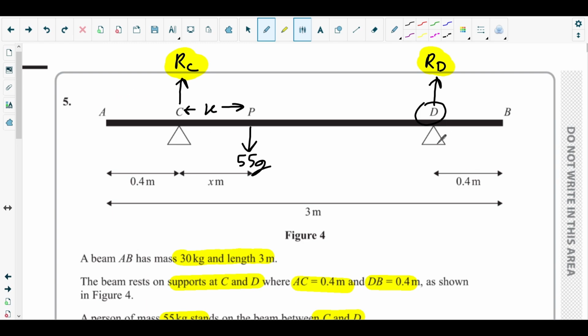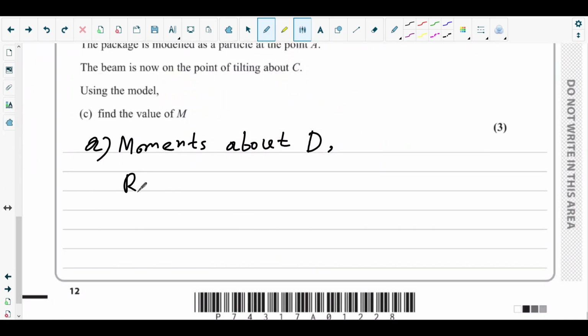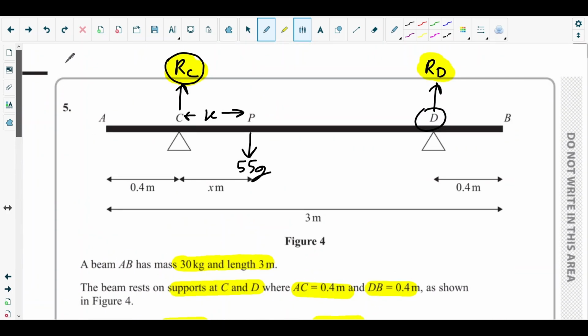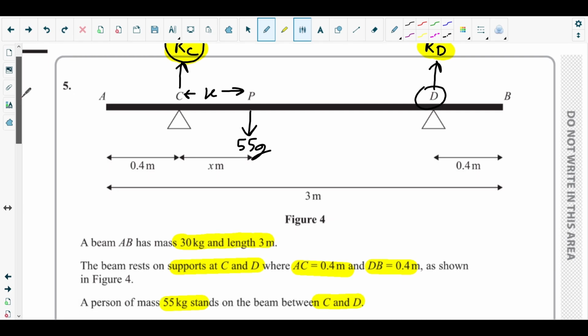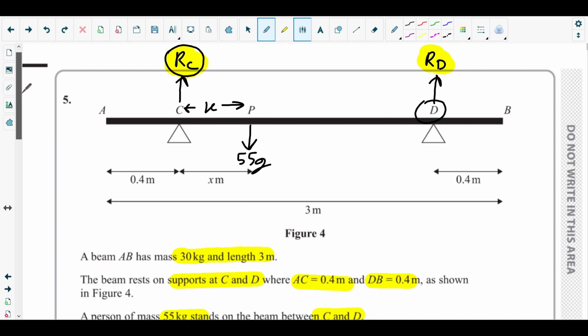Clockwise moment will be provided by the reaction at C. Reaction at C will provide the clockwise moment since it is acting upward, and with respect to the pivot D, it will try to rotate the beam in the clockwise direction. So reaction at C times its perpendicular distance, since moment is force times the perpendicular distance.